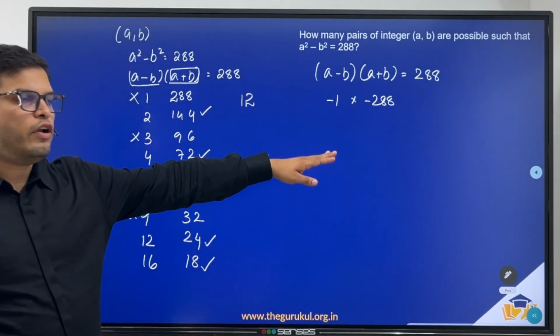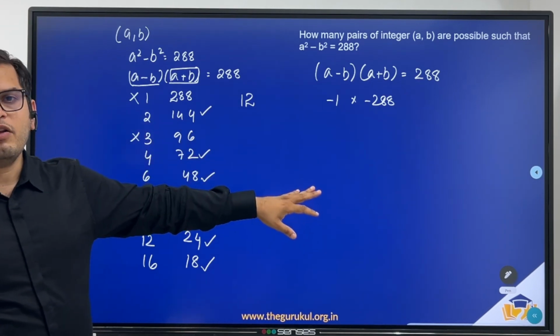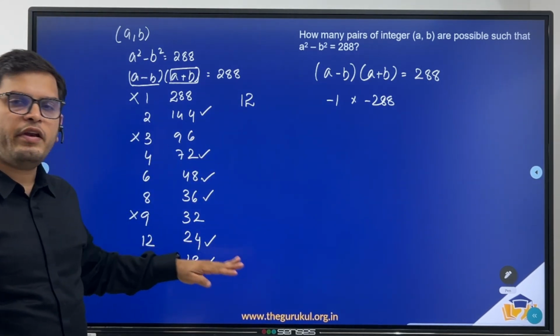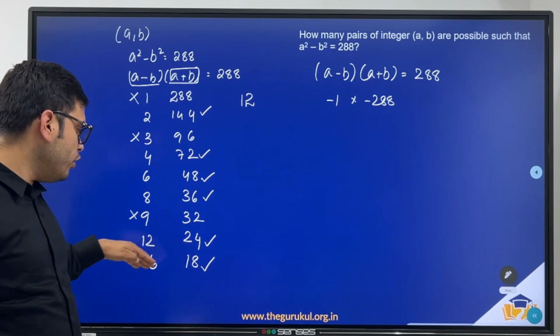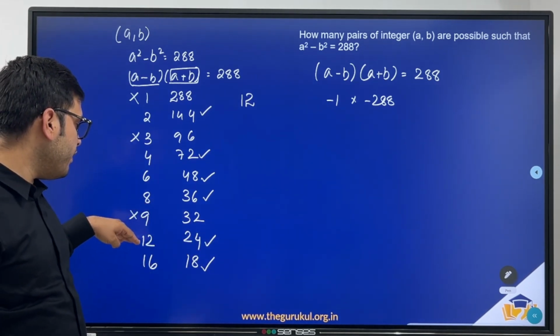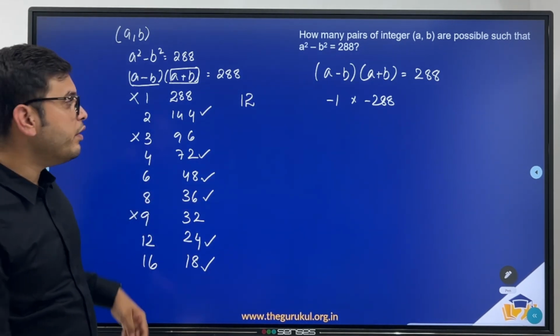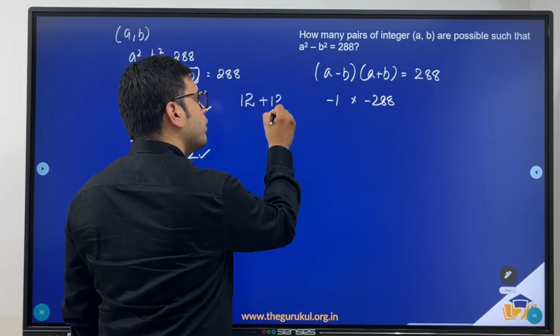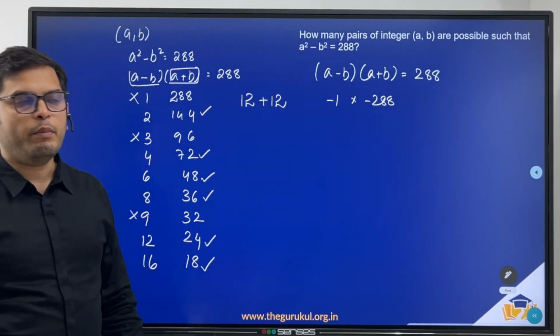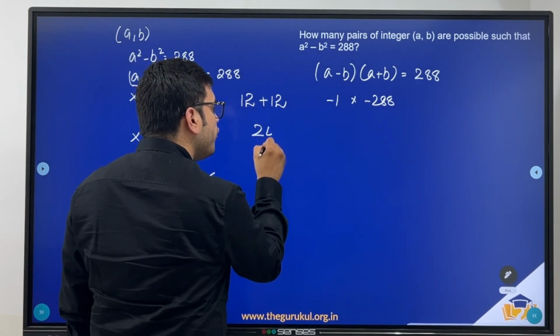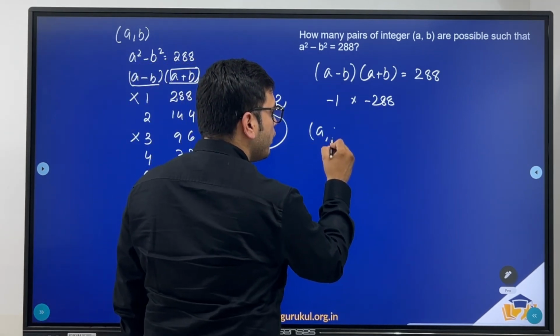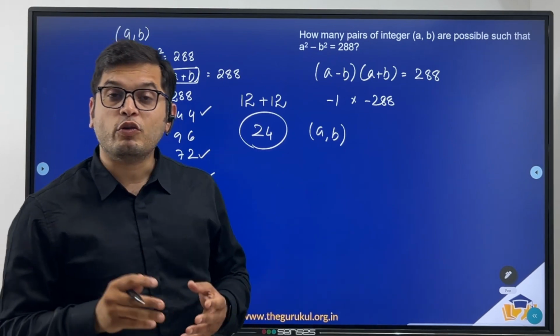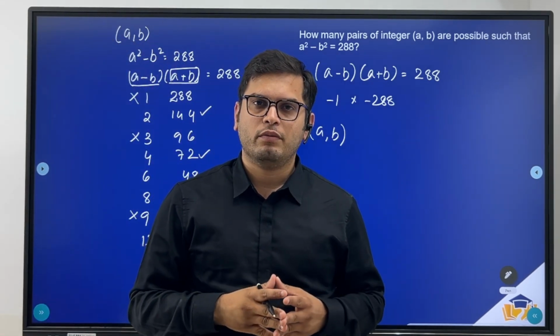Right, minus 1 into minus 288, minus 2 into minus 144, so on till minus 16 into minus 18, again minus 18 into minus 16, minus 24 into minus 12, minus 36 into minus 8, and you will be having 12 more values of a and b. So in total, there are 24 ordered pairs of the form a and b where a and b are integers. So the answer for this question should be 24.